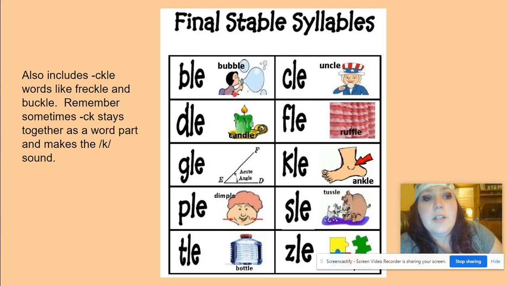And then I also included over here, it can also include CKLE words like freckle and buckle. Because remember, sometimes that CK stays together as a word part, but it makes that hard K sound.